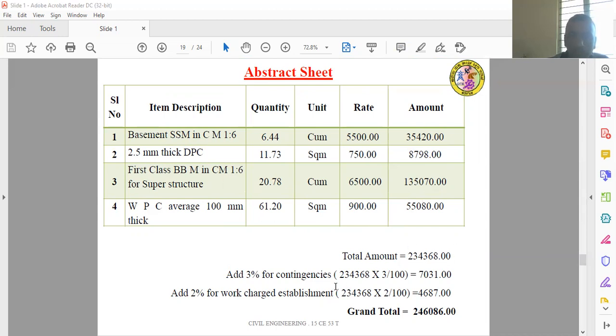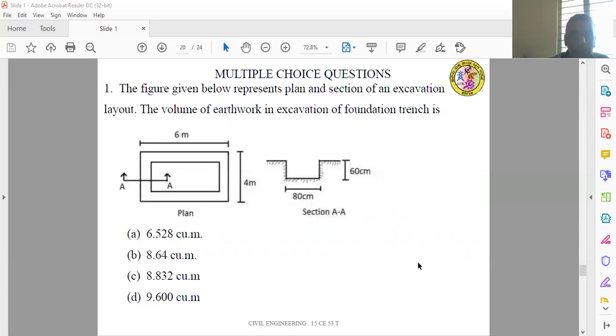After getting this value, add 3% contingencies and 2% purchase establishment. You will get the total cost of these four items, equal to 2,46,086 rupees.